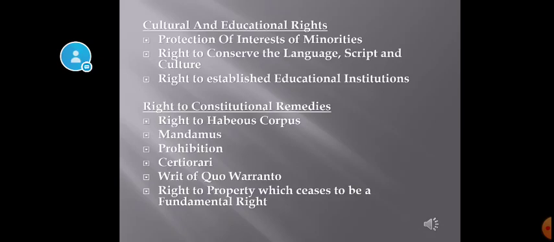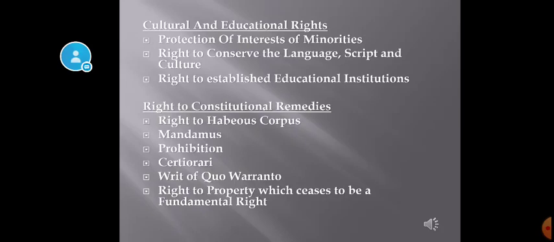So, the first writ describes the writ of habeas corpus. Habeas corpus is a Latin term which means you may have the body. It provides a remedy for a person wrongly detained or restrained.